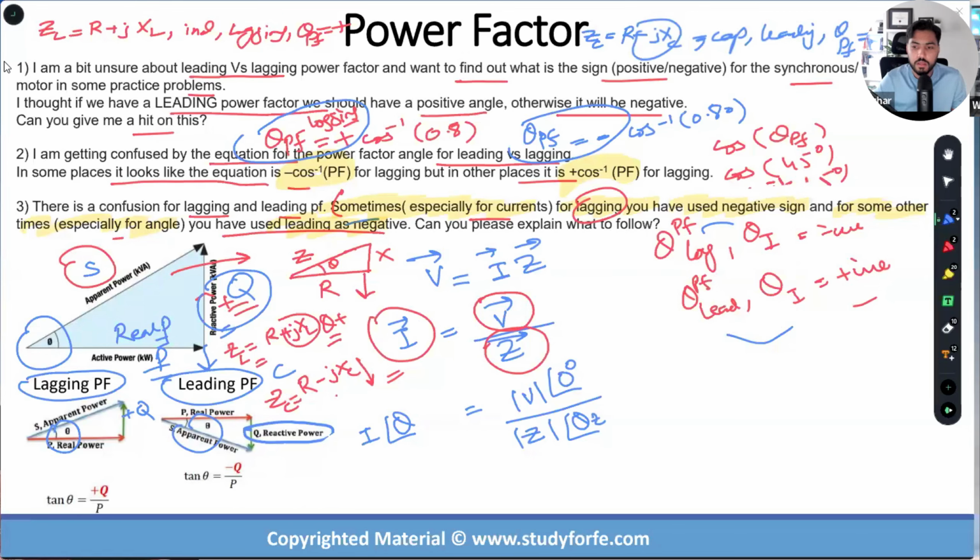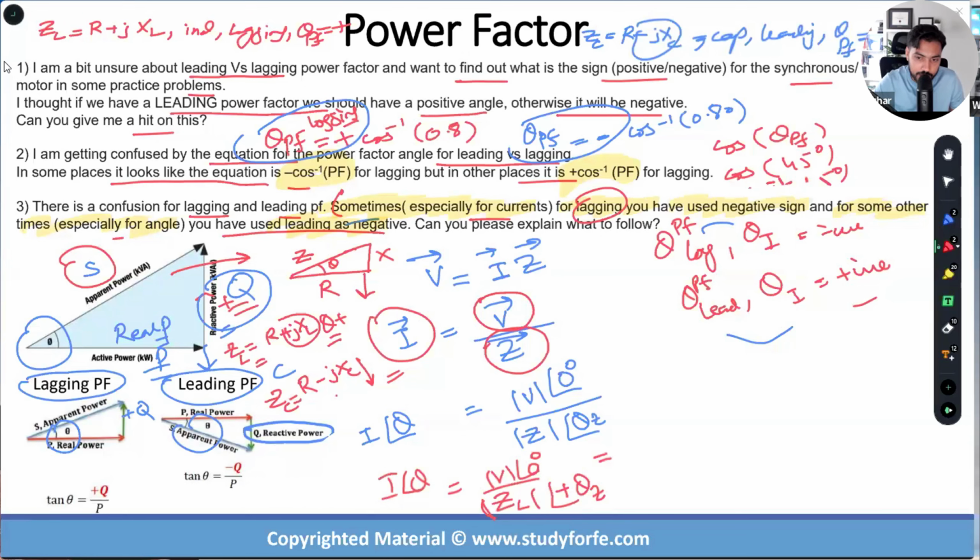All right. So let's build on top of that. If I'm working with ZL, inductive load, this is going to be a positive angle. And for the sake of simplicity, we said that we're going to consider the voltage as a reference, so 0 degrees.